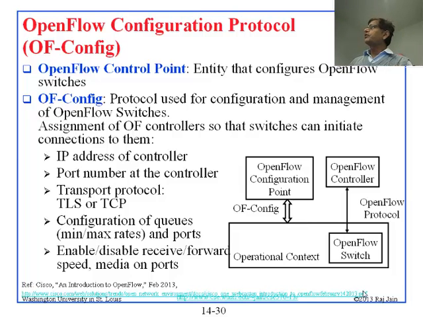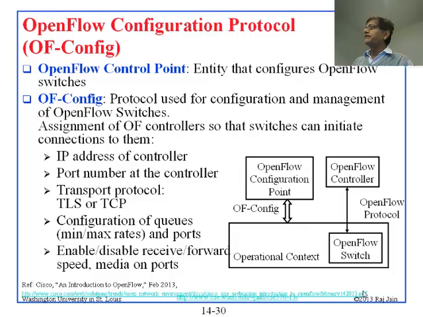So configuration protocol. The protocol that we talked about before about the table lookup and so on, that is what is called OpenFlow. But in addition to OpenFlow, there is one more protocol, which is this configuration protocol, which is very much like your DHCP and other things, where you tell the switches whom to contact. So there is something called OpenFlow configuration point.